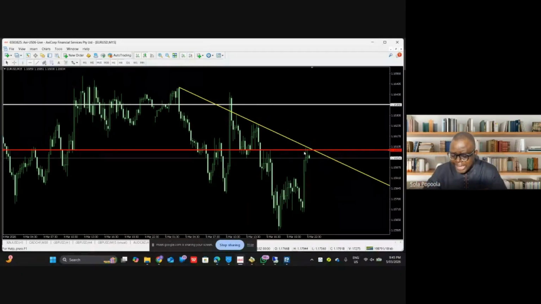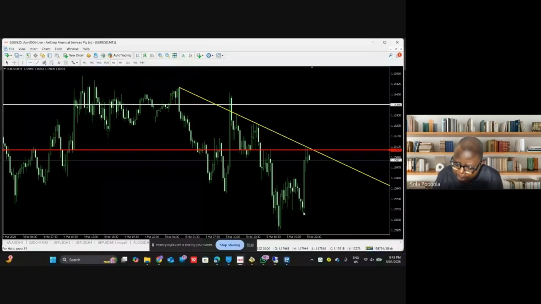It's the moment I entered that they came down. Look at what they came to do. They have set up a resistance line here, and price will always come for that line. So I would have drawn this line like this in the afternoon, and maybe put an alert that anytime the price comes to touch this line, this is where I would have sold.